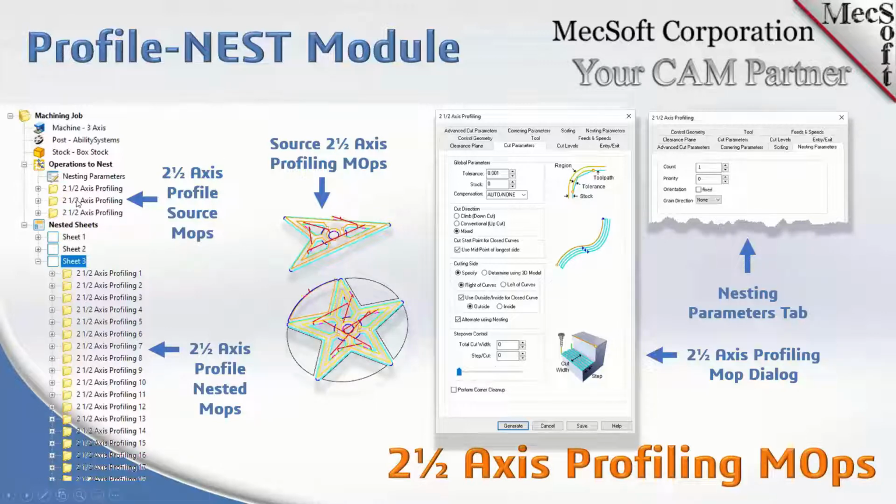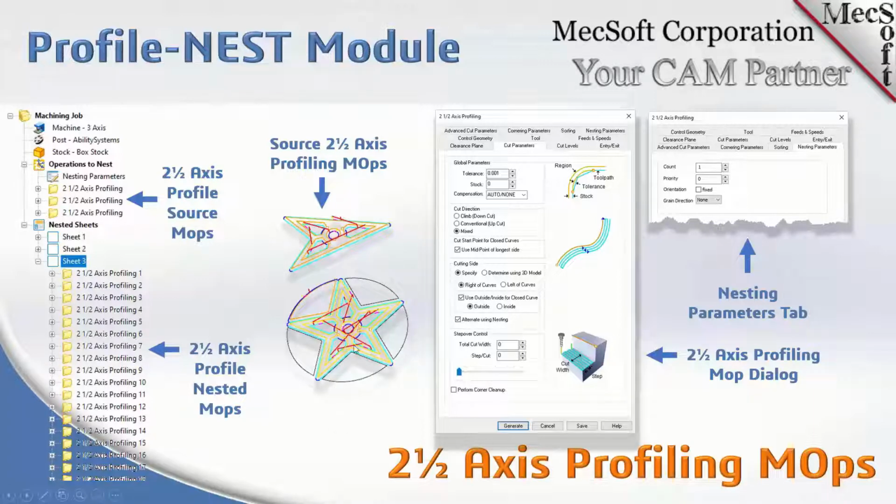Now, if we skip over to the left side, you can look at this machining job. Under operations to nest, you have the 2.5 axis profiling operations that you're actually going to nest. So you program a 2.5 axis profiling operation for each of your parts in your drawing.